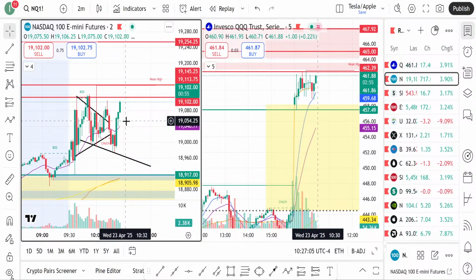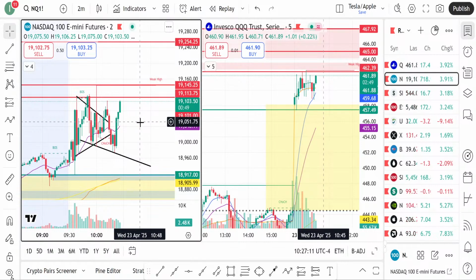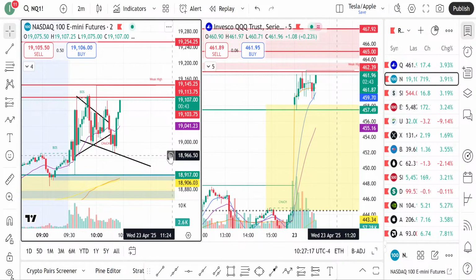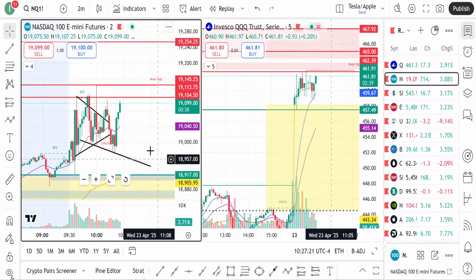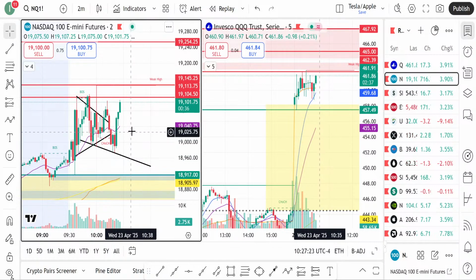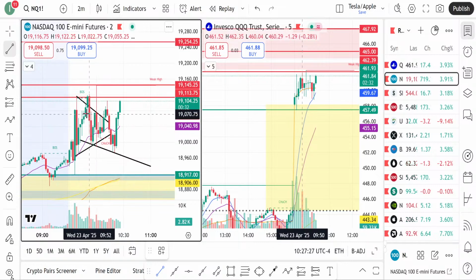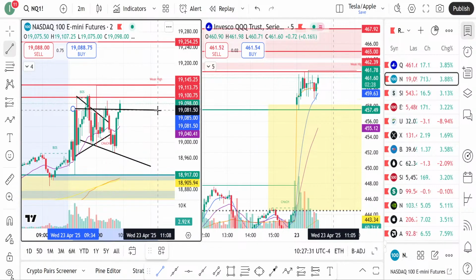So this is not gonna be an easy battle, that's for sure. I like to see this support here. I mean, this resistance here kind of turned support.